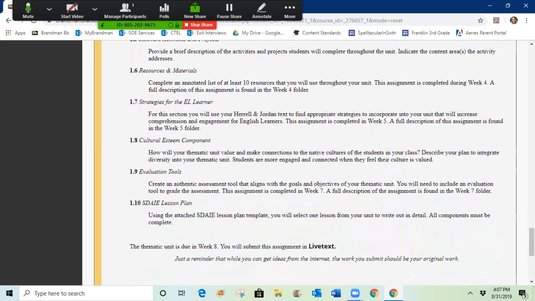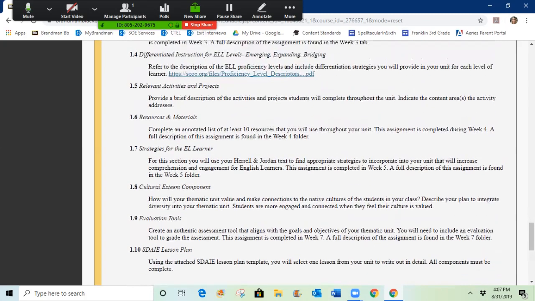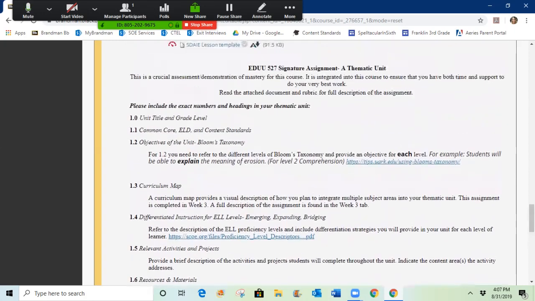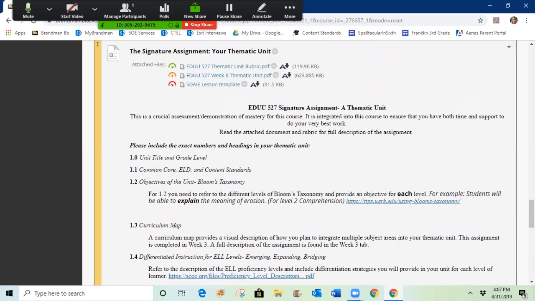So by the time you get to week 8, when this is due, you'll have over half of your thematic unit done already. And you'll just have to complete the few numbers that are not assigned as separate assignments. Okay, so that's the signature assignment, and it is due in week 8, and it is submitted in LiveText.